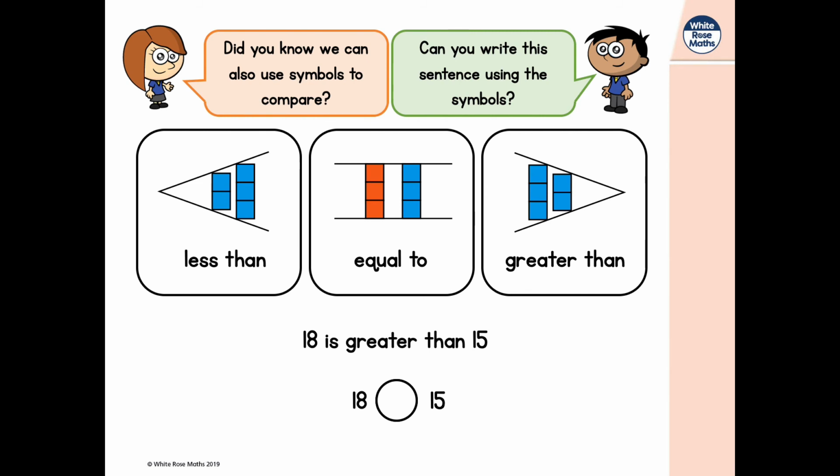Well, we know that 18 is greater than 15, so we would have to use, pause here, have a go. Which symbol would you use? Exactly. We would use the greater than symbol because words or symbols, it's still true. 18 is greater than 15.